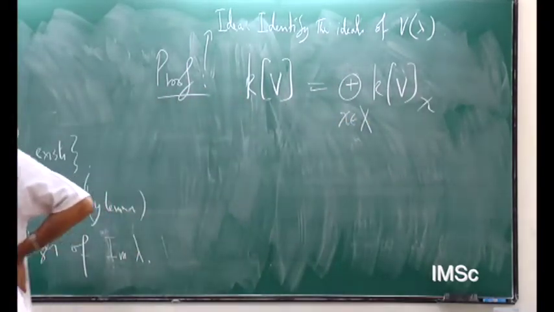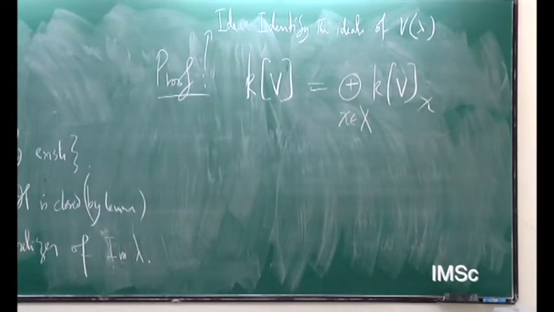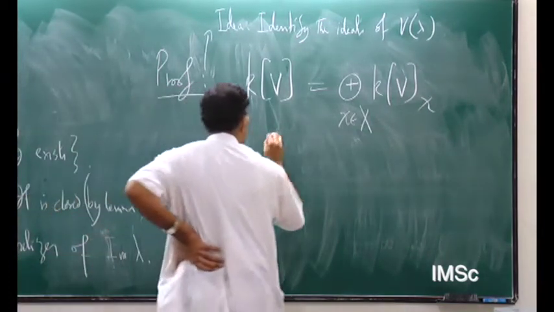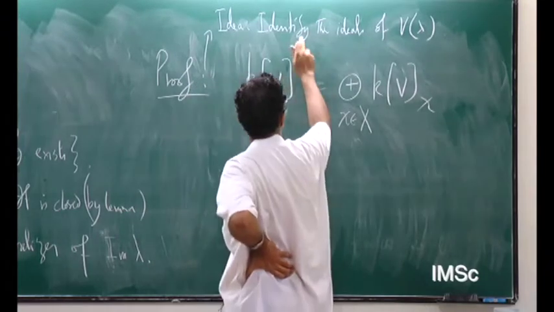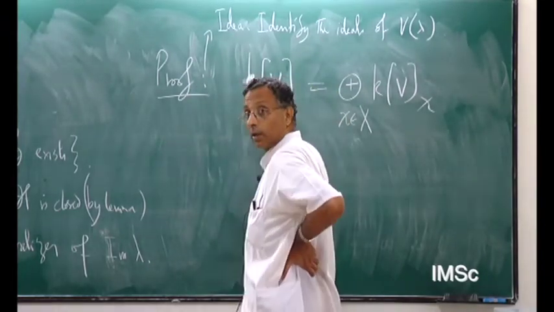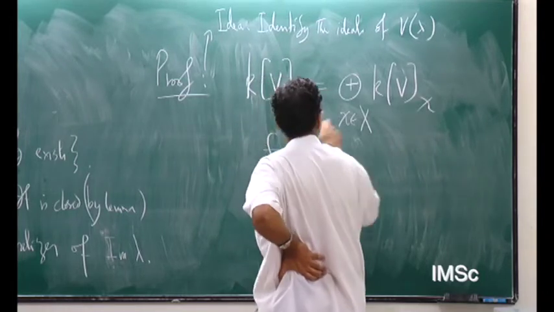Right, we have that. So every function breaks up into these eigenspaces for T. So let me take a function f. I want to identify those in terms of this decomposition.